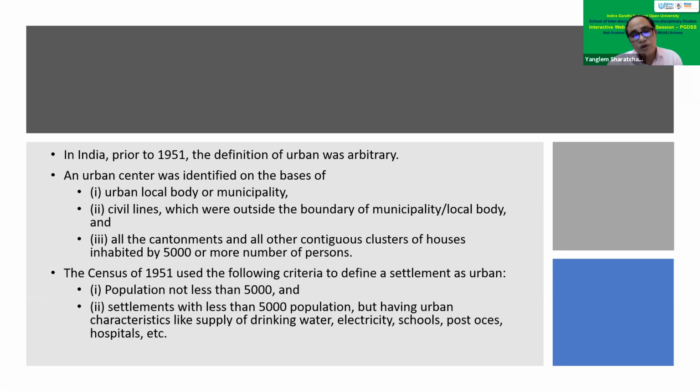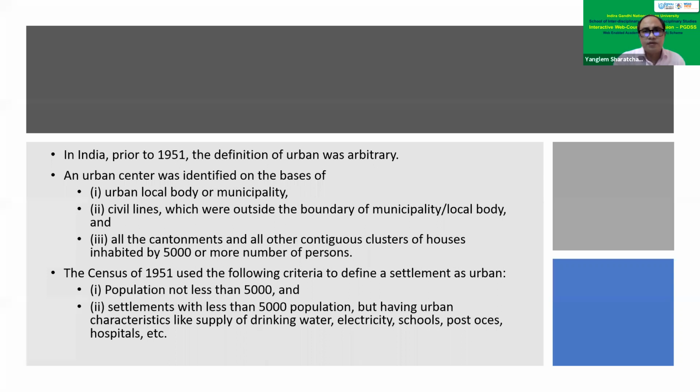And 1951 onward, the criteria is population not less than 5,000, and settlements with less than 5,000 population but having urban characteristics like supply of drinking water, electricity, school, post offices, hospitals, etc. These areas are called urban areas.